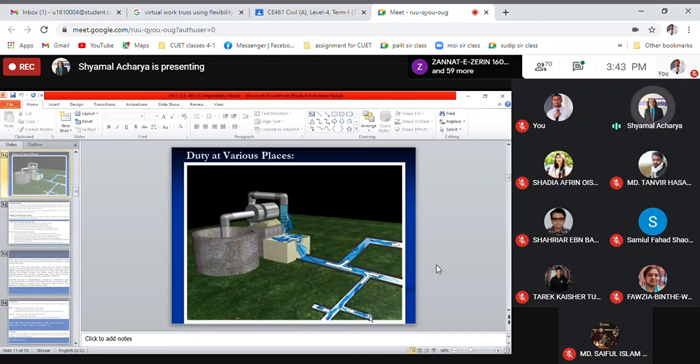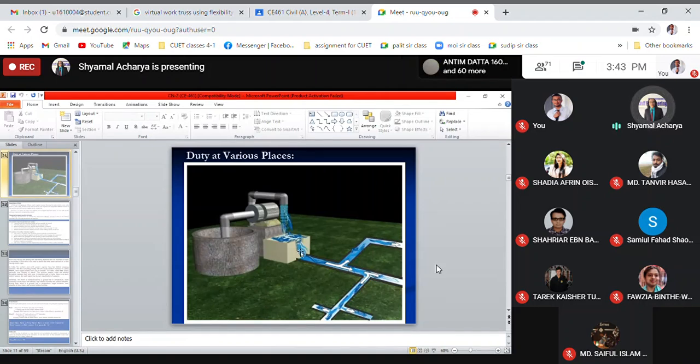Is it okay? Are you trying to say that? But I will say that this is reverse. The duty will be maximum here. The amount of water available at this zone, that total amount of water is entering into the field, no loss.